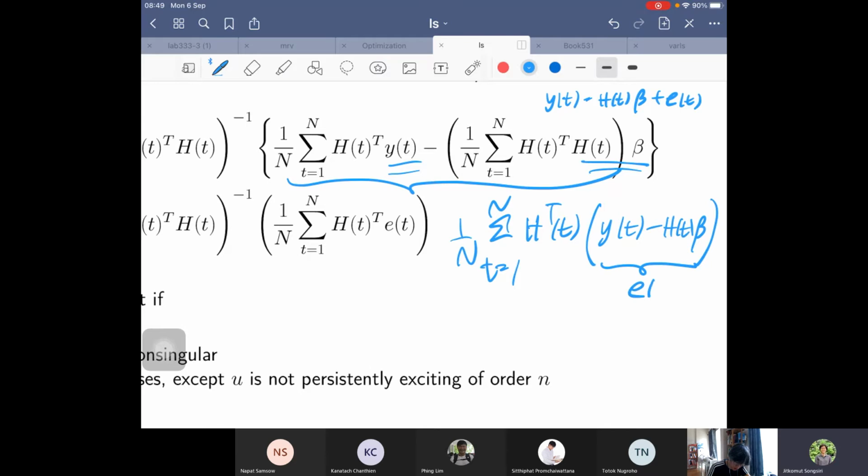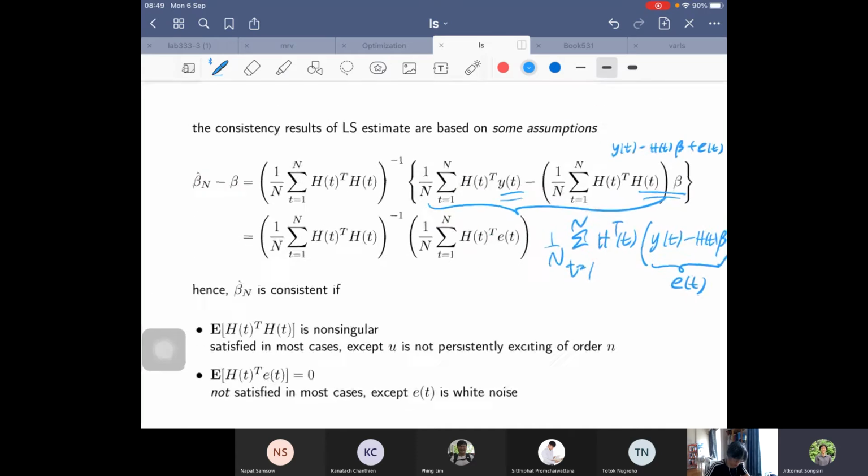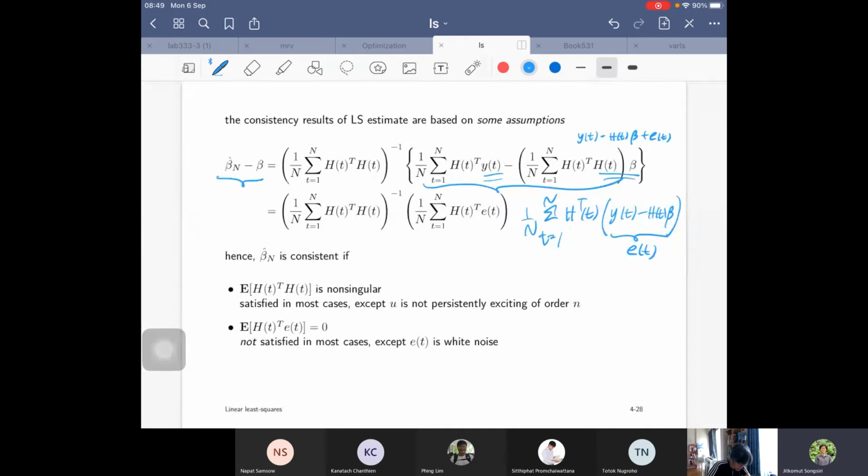So this term results in ET, the error term. Now you see that the bias of the estimation depends on the noise multiplied with some gain, and those gains depend on the regressor matrix.